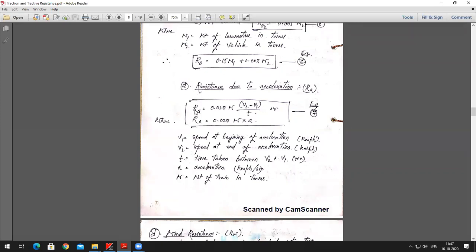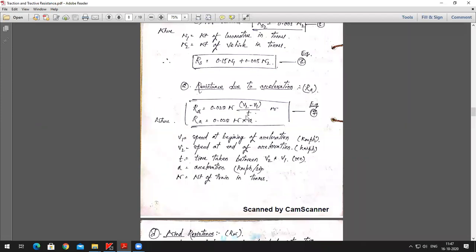So one is Ra, that is resistance due to acceleration, which is equal to 0.028 times W multiplied by V2 minus V1 divided by T, where V2 is the speed at the end of the acceleration, again in kmph, and V1 is the speed of the vehicle at the beginning of the acceleration, again in kmph.